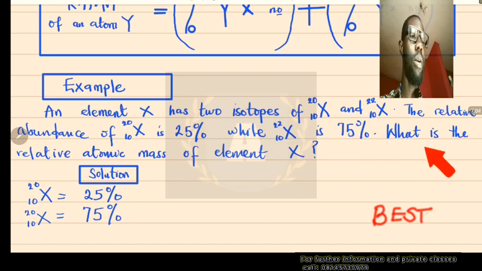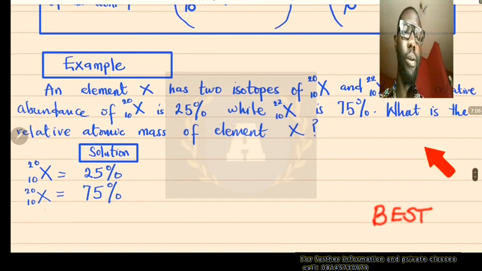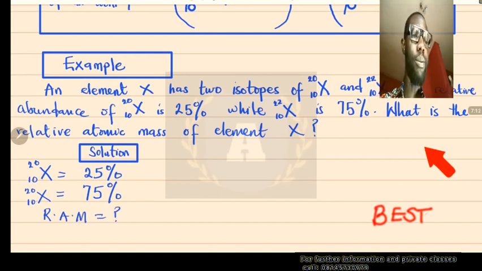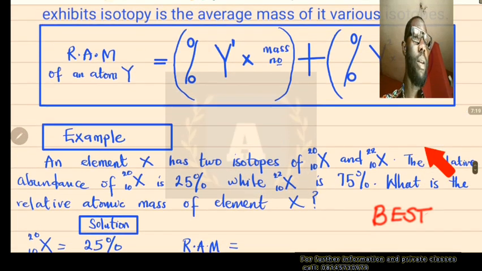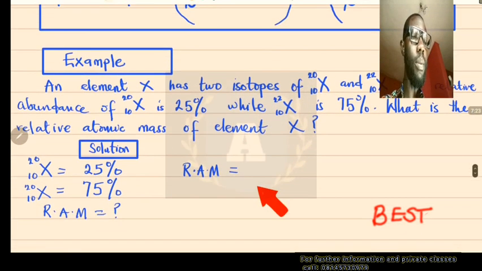So we have to calculate the relative atomic mass, known as the R.A.M. How do we do that? In the equation given above, this is going to be the percentage by mass of X. So what is the percentage of X 20?